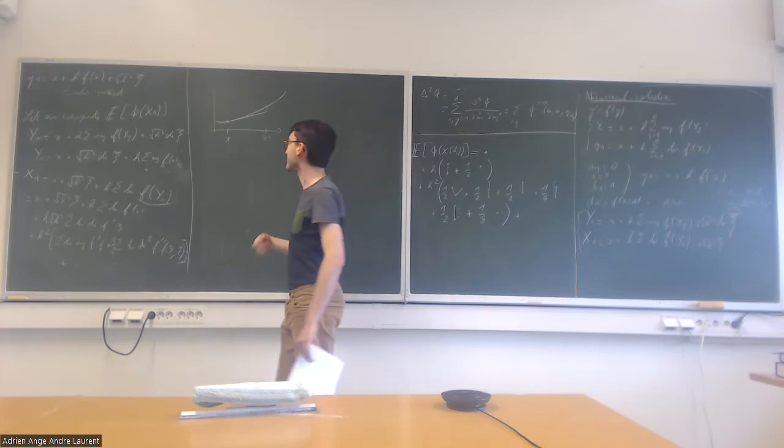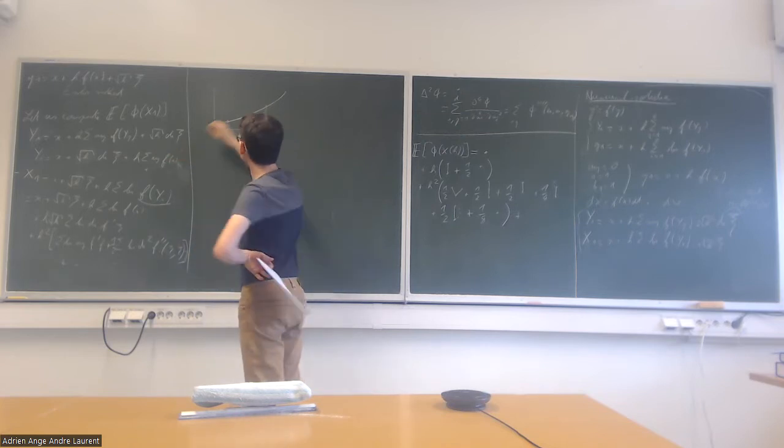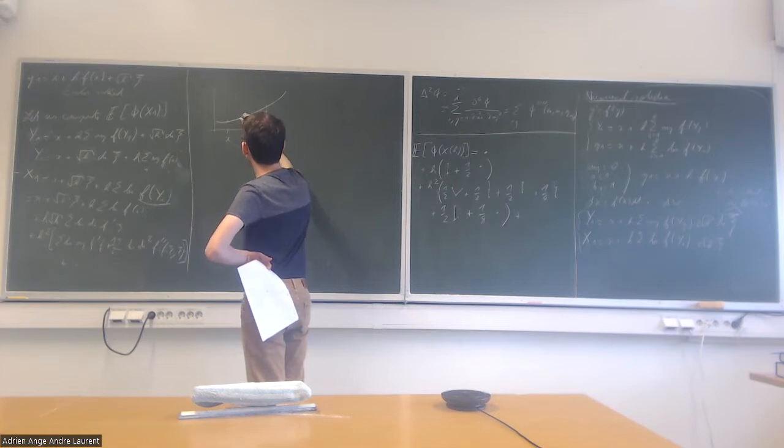Anyway, so let's write x1. And the y_i is that instead you take some point, for instance in the middle, y1, and instead of doing one step like this, you will do a step like this, but with a mix of the slope here and the slope there.